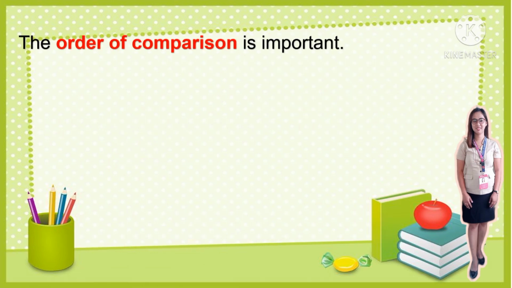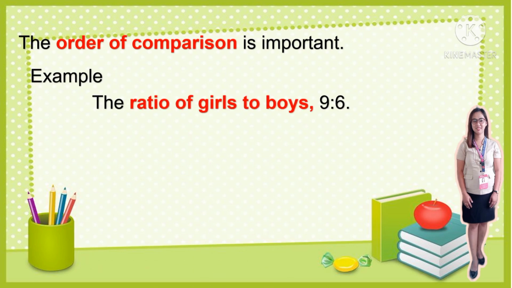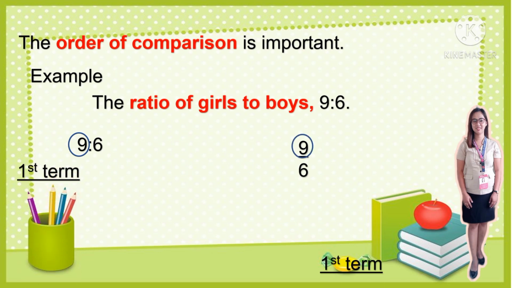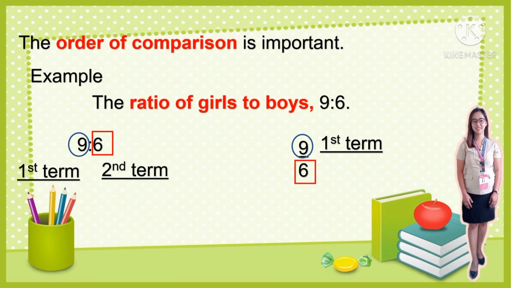The order of comparison is important. In the given example, the ratio of girls to boys is 9:6. We can write it in column form and in fraction form. 9 is the first term and 6 is the second term.